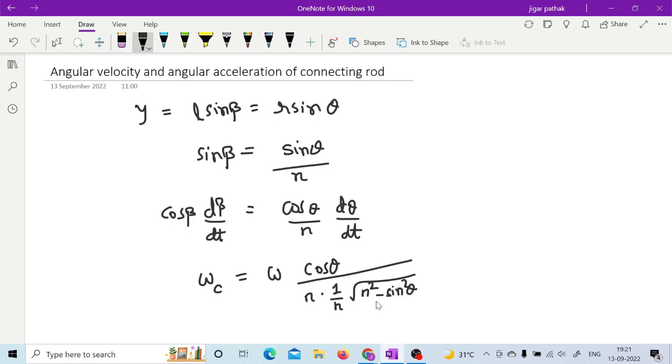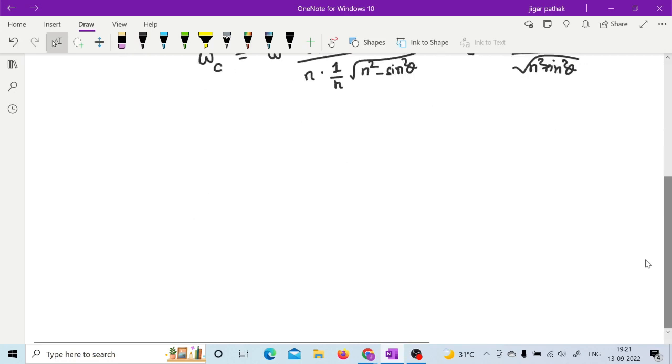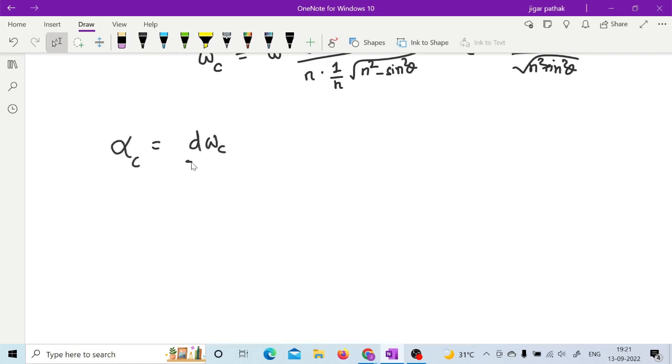So if you write like this, then your omega c can be written as omega cos theta upon n square minus sine square theta, right? Once you have calculated this, it is just a matter of differentiating it with respect to time to get the angular acceleration of your connecting rod.